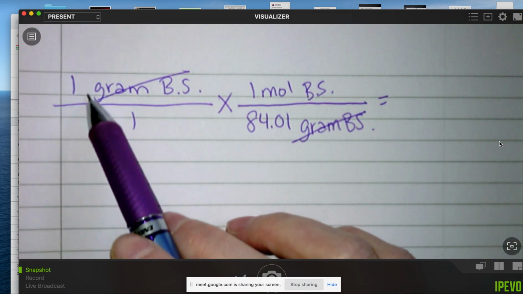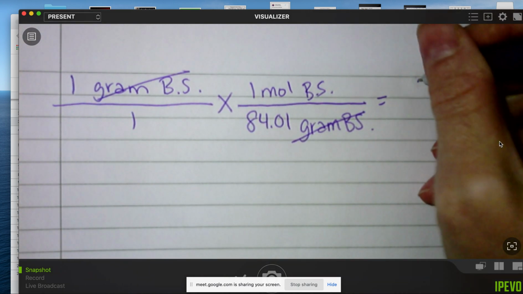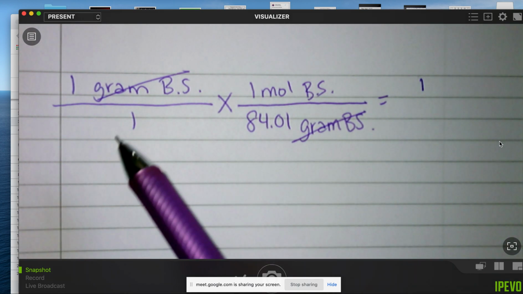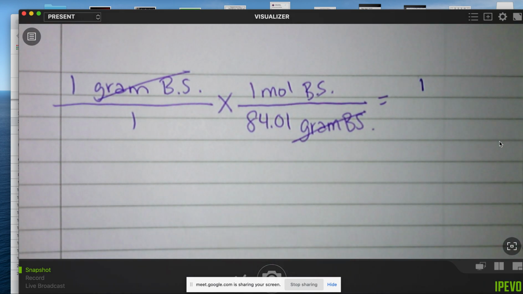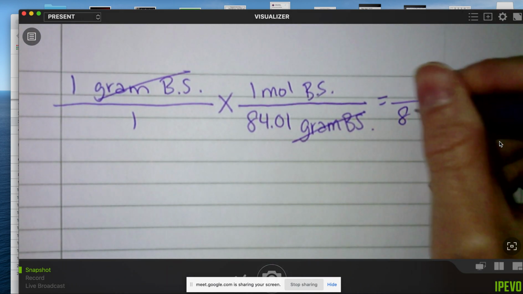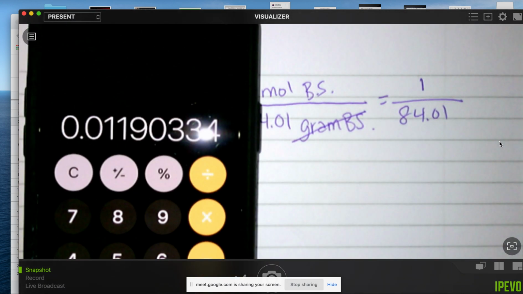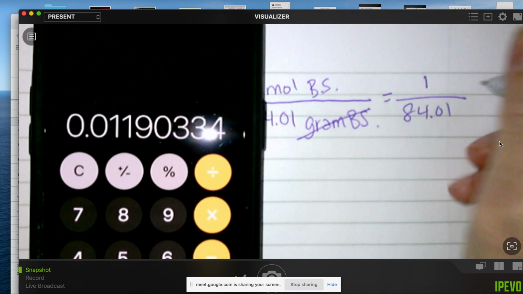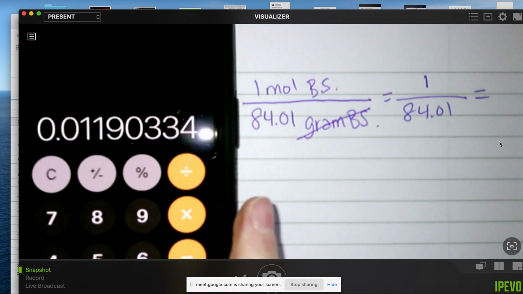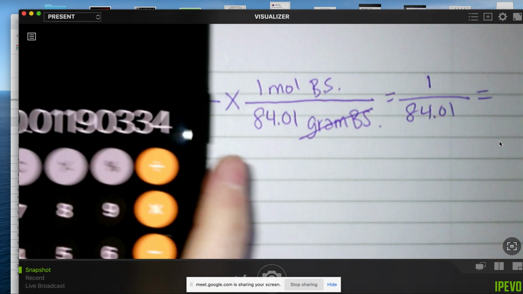So 1 times 1 is equal to 1. 1 times 84.01 is equal to 84.01. So 1 divided by 84.01, and we end up with this answer. Here's what we want to round: we want to round so that we have at least 2 non-zero digits.